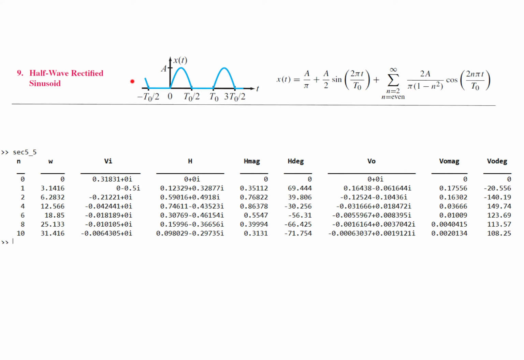Since it is neither even nor odd after rectification, we expect it to have both sine components and cosine components, and indeed the Fourier series does. It turns out that there is just one sine component, which is at the fundamental. We just have n equals 1 here, and it has amplitude A over 2.